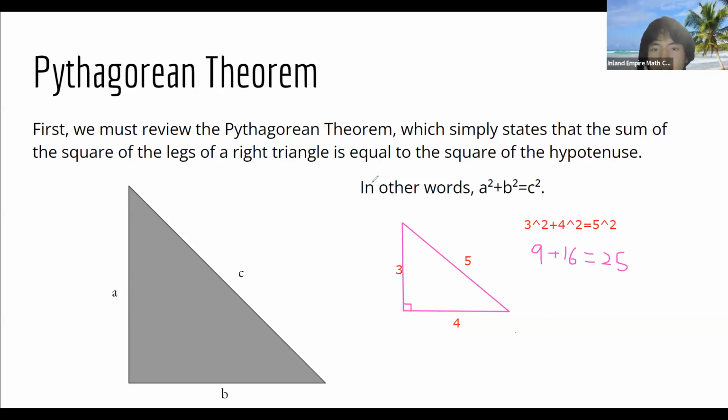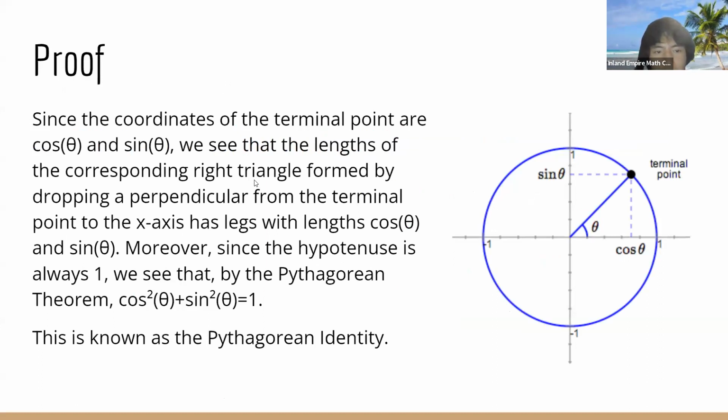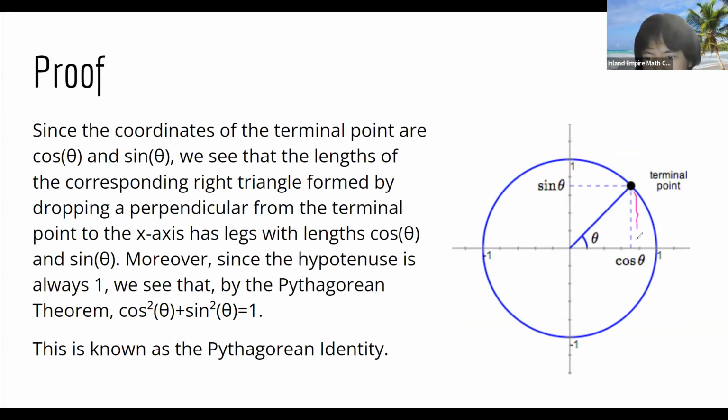Okay, so why are we talking about this? Well, here's why. As you saw previously, since the coordinates of the terminal point of an angle are cosine theta and sine theta, you see that cosine theta and sine theta will thus also correspond to the lengths of this right triangle, right? So this is cosine theta, and this is sine theta.